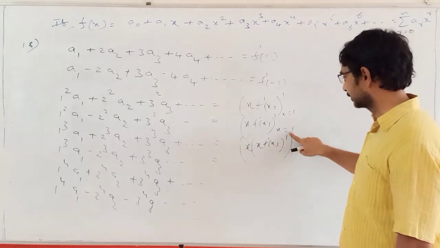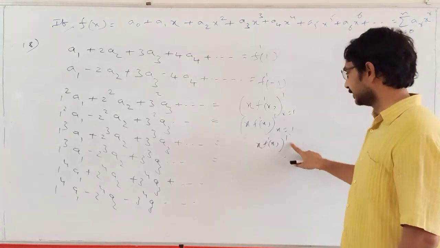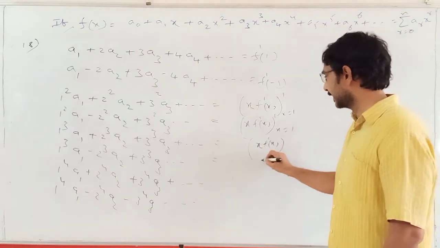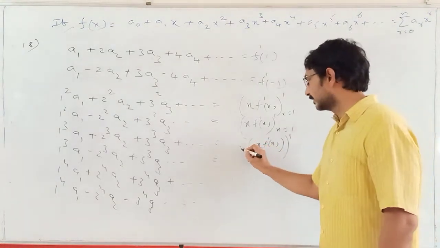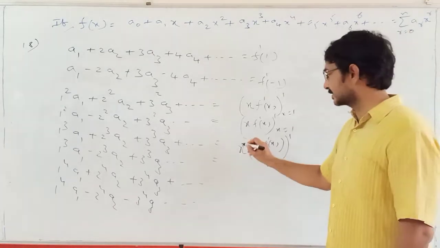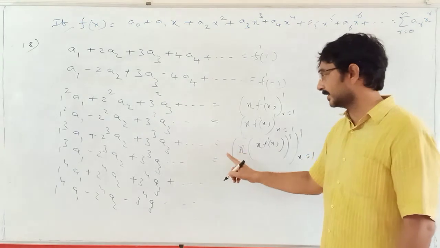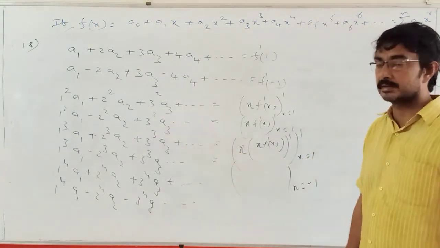Sorry, 2 is with power 4. See, first find f dash x into x. Again differentiate. Now multiply with x. Again differentiate. Put x equal to 1. Get the required one. Same operation with x equal to minus 1.